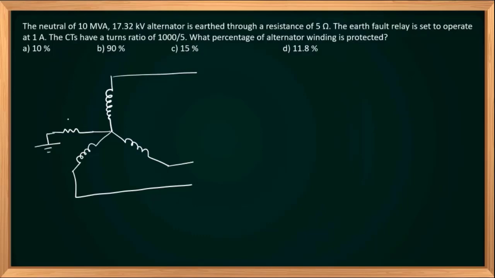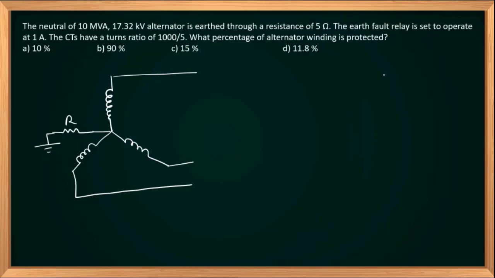The value of resistance, let it be R. Okay. The earth fault relay is set to operate at 1 ampere. The CTs have the turns ratio of 1000/1. What percentage of alternator winding is protected?